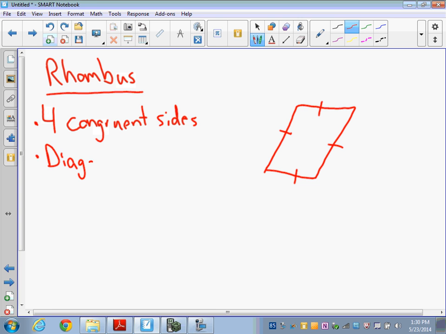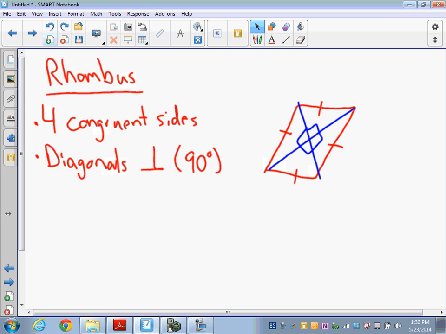And its diagonals will be perpendicular, so 90 degrees. So whenever I have the diagonals and I have blue, I know that all 4 of these are going to be right angles. So remember, that means 90 degrees for each angle that's formed by the diagonal.